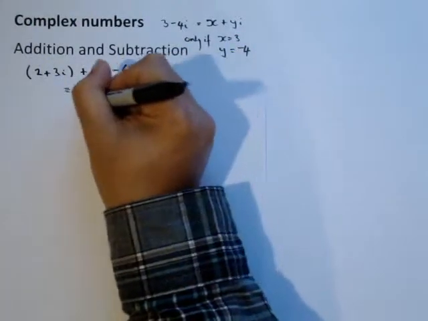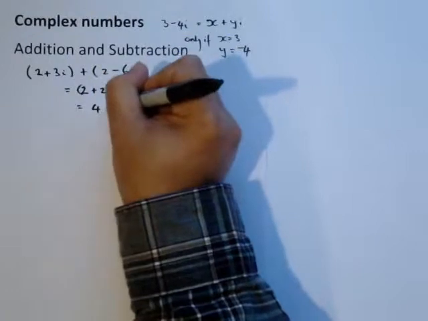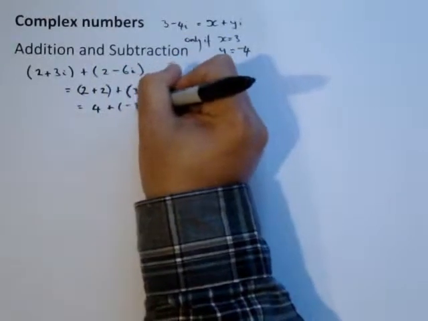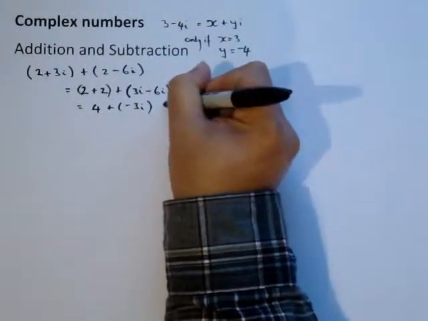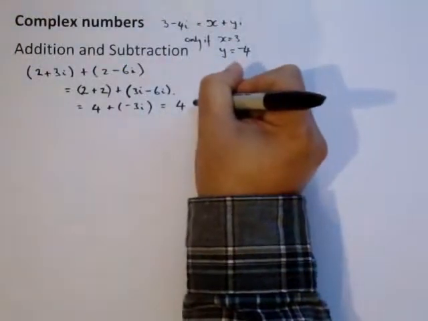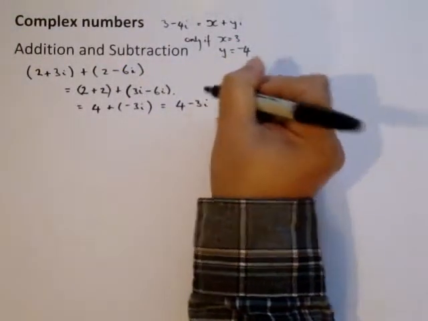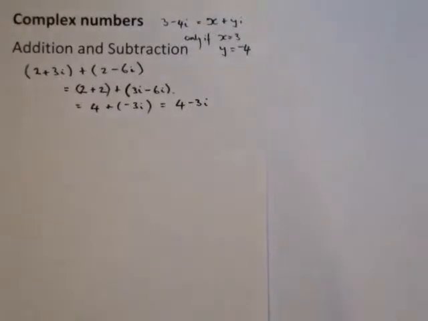So this then becomes 4 plus -3i, which is 4 minus 3i, and that's the answer.